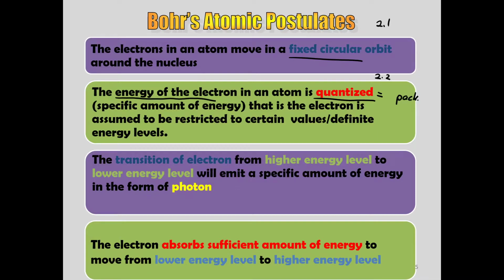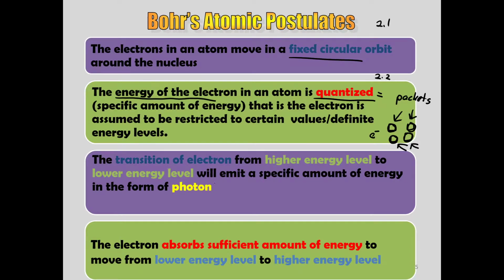So maksudnya contohnya elektron tu keluarkan energy, they always in form of packets. So it is the amounts of packets yang kita tengok how much. Okay, because the energy of the electron is quantized. Maksudnya setiap packet ni nilai dia sama. Packet ni nilai sama, ni nilai sama, nilai sama. It's just how much packets yang keluar.